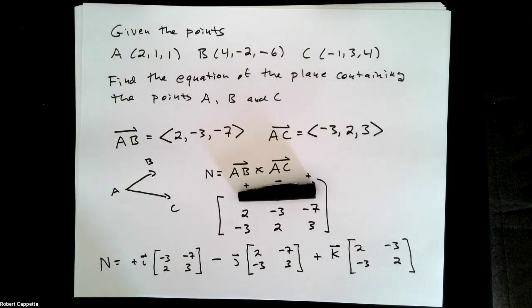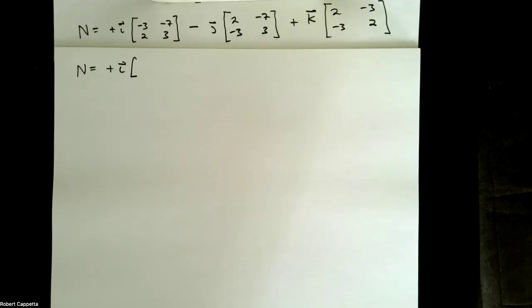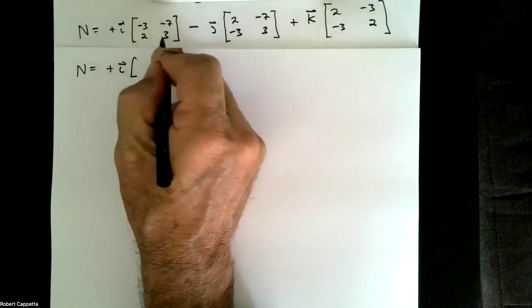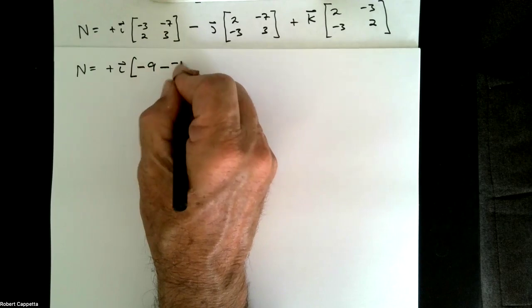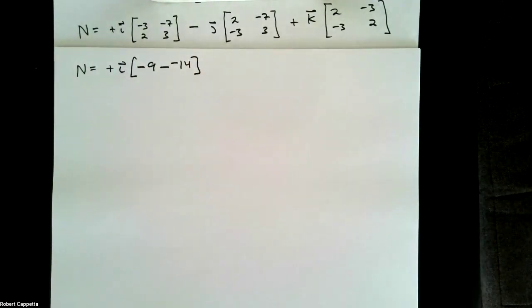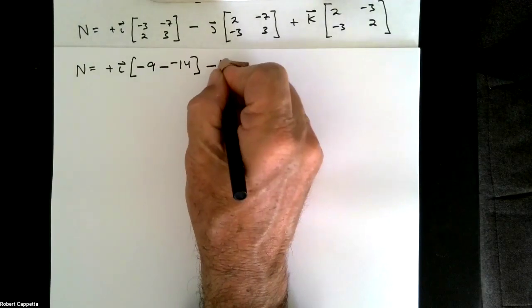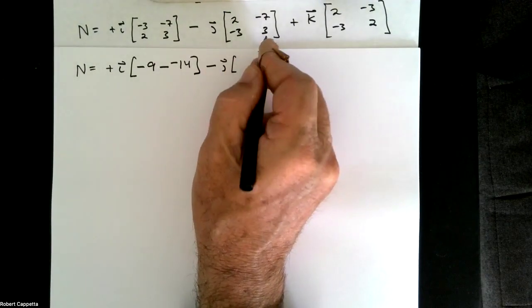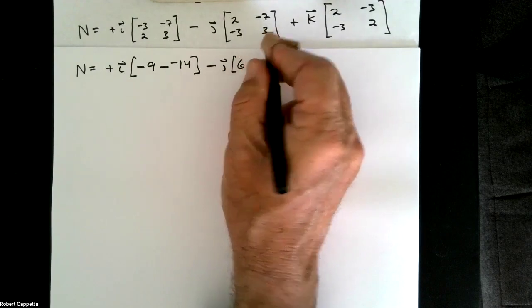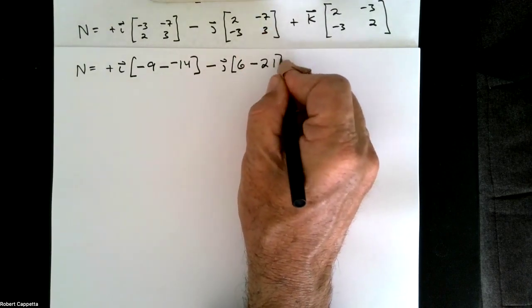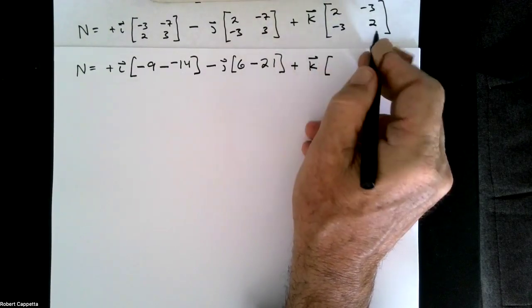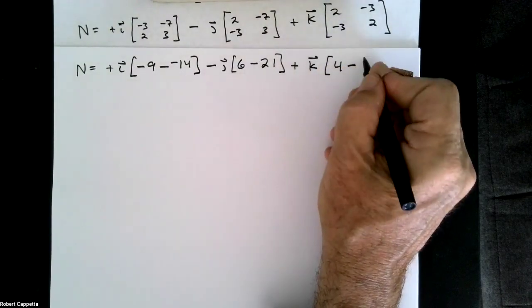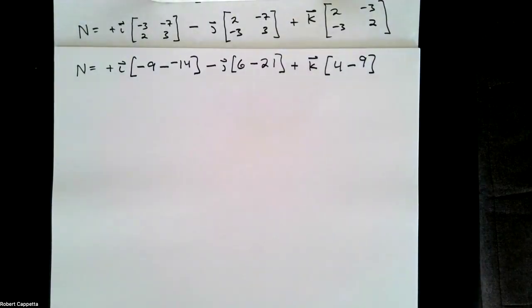So what do we get? What will that normal vector be? Continuing with the computation: -3 times -3 is 9, minus 2 times -7, which is -14, minus j times 2 times 3 is 6, minus -3 times -7 is 21, plus k times 2 times 2 is 4, minus -3 times -3 is 9.